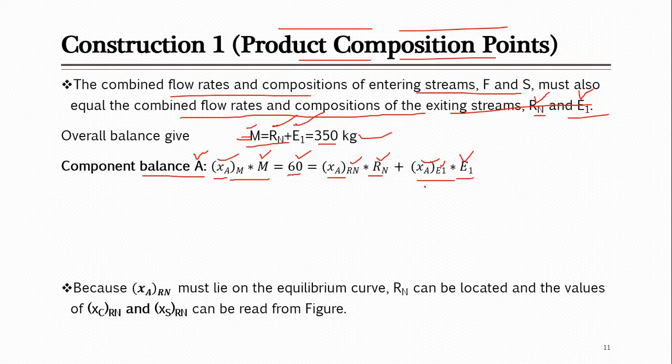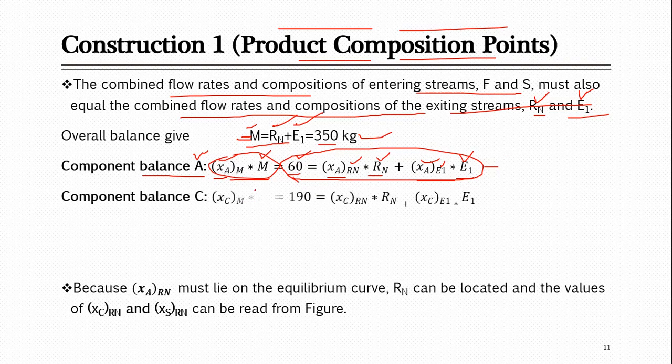This is a simple material balance. So overall you will have the equation 60 equal to all this part. This is one equation, based on the component balance on A, along with the overall material balance.